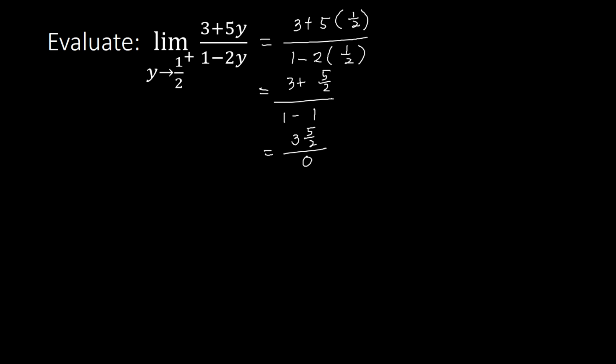So we will be now redoing this one. We've got here limit of 3 plus 5y over 1 minus 2y as y approaches 1/2 coming from the right side. So if you try to view your number line, if this is our 0, this is our 1, 1/2 is in between.